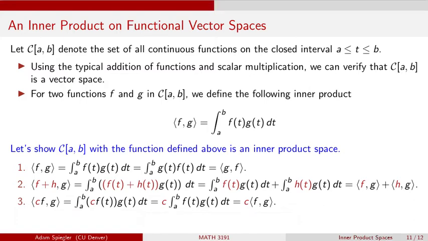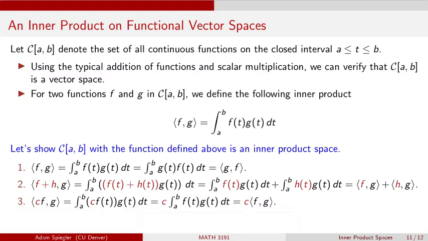For the third property, this is going to follow pretty quickly because we can pull out scalar multiplication from inside a definite integral. We can pull that scalar out. So taking the inner product of scalar c times f with g, we would integrate from a to b c times f times g.